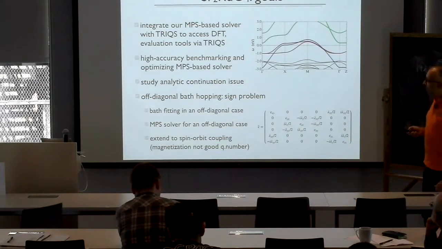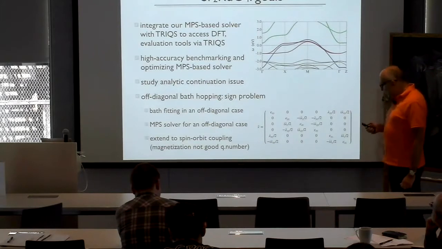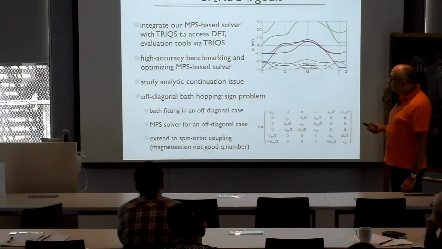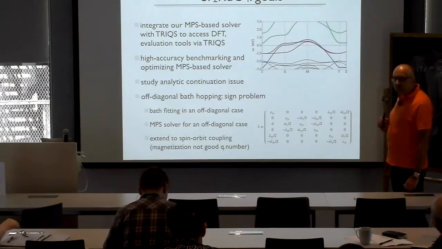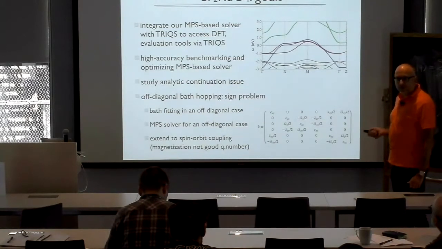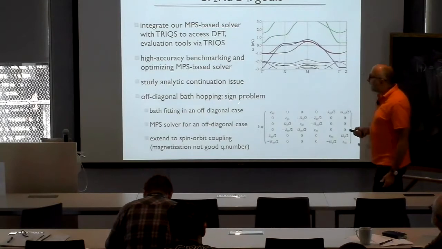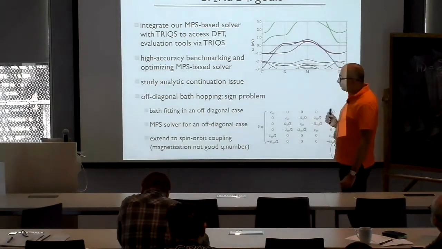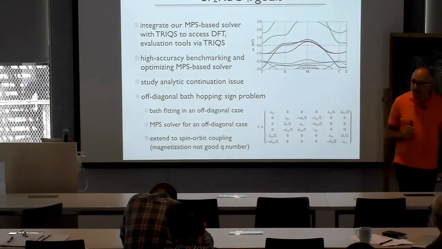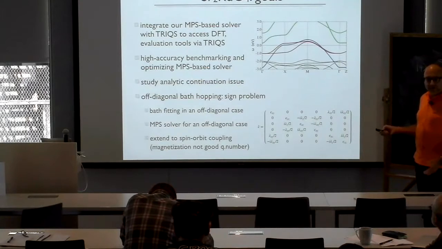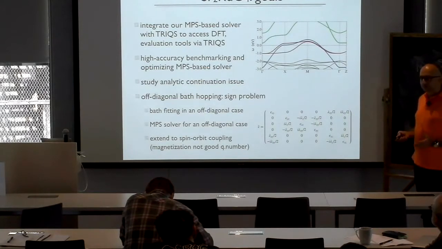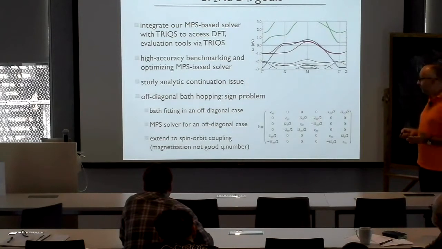We thought we would go all the way right away, integrate our solver with tricks in order to access real DFT band structures, to really go all the way to realism, and at the same time profit from all the years of development work that have been invested in tricks, in order not to reinvent the wheel for all these things that you can calculate there. I think the people here who are just working on tricks know what is possible there.